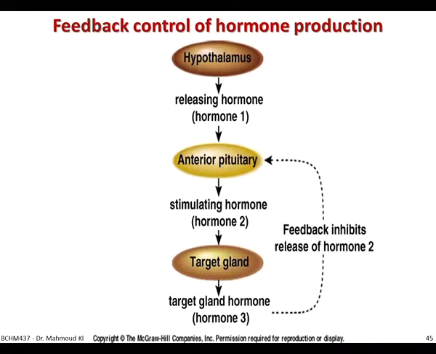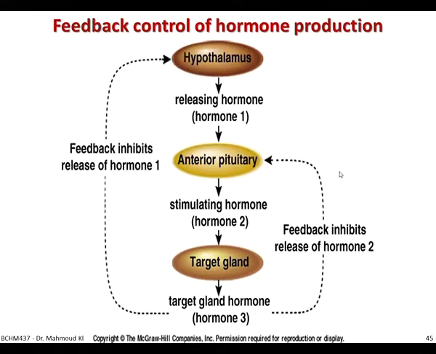So there is a level of feedback control, or negative feedback control, where hormone 3 itself will inhibit the release of the stimulating hormone from the anterior pituitary gland. In other words, when the hormone 3 level is increased by a certain mechanism, it will order the anterior pituitary gland to stop releasing the stimulating hormone, or hormone 2.